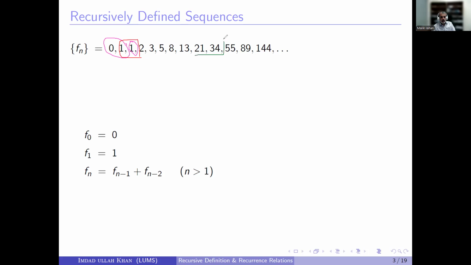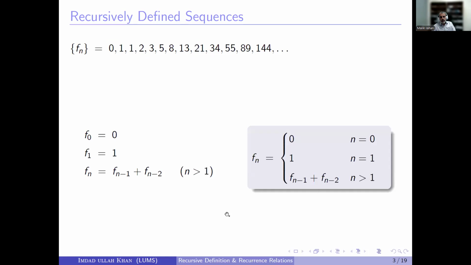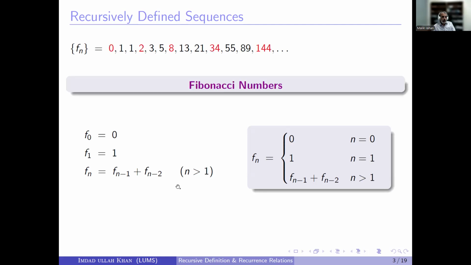If we know two Fibonacci numbers, by adding them we can find the next one, which is 55 in this example. Mathematically, we can summarize these three lines together: Fn, the nth Fibonacci number, is 0 if n is 0, is 1 if n is 1, and in all other cases when n is greater than 1, it is the sum of the previous two Fibonacci numbers.